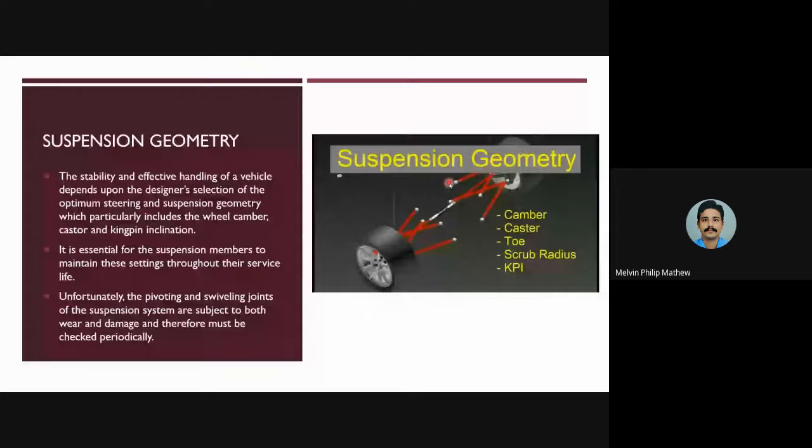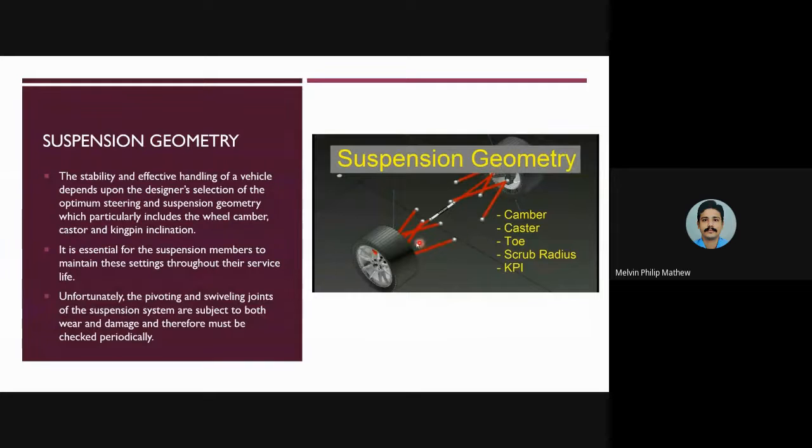So a chassis is a rigid body, so there is nothing that can bend the body. It is a sturdy material, and it has to be provided in such a way that when more load is mounted on the vehicle, it must not bend under that load.